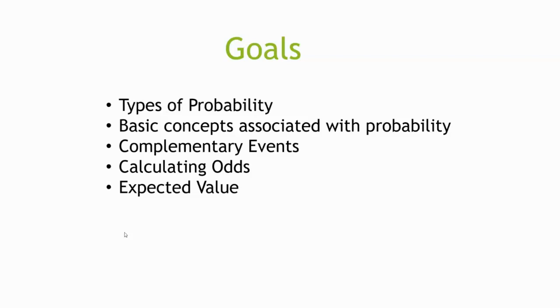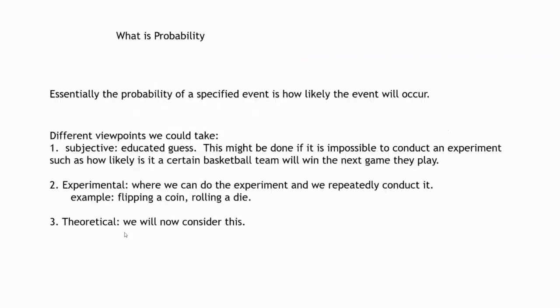So first we have to ask, what is probability? Essentially, as I wrote here, probability is just a way of figuring out how likely an event is to occur. How likely will it be that it rains tomorrow? How likely will someone win the lottery?